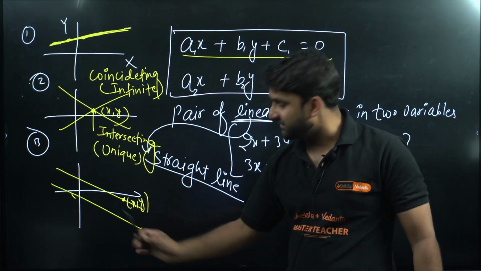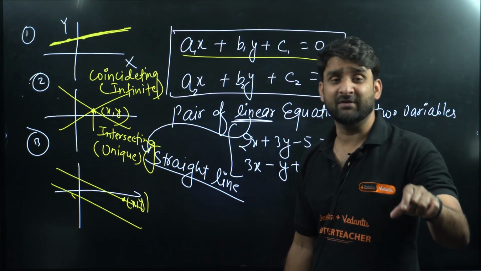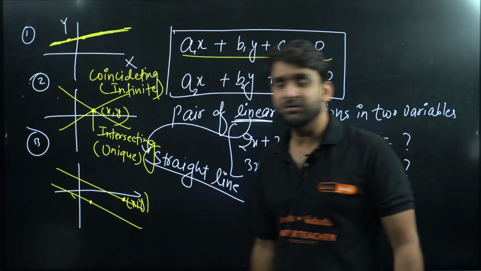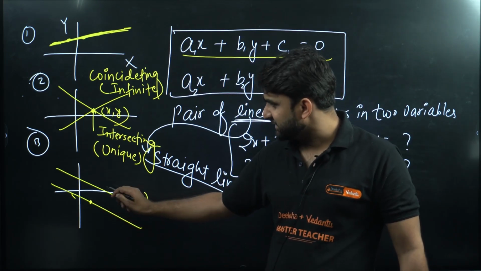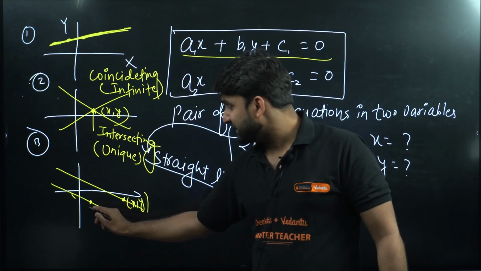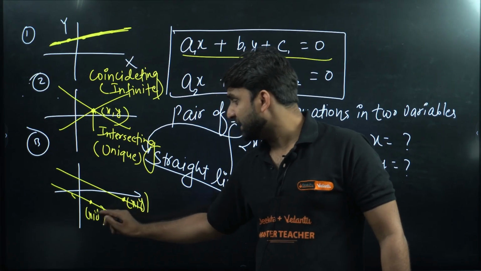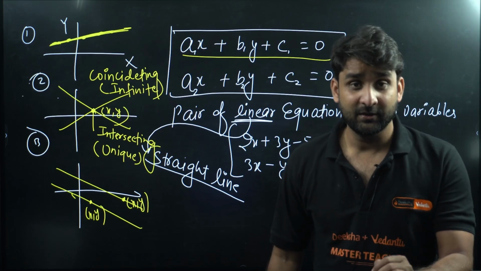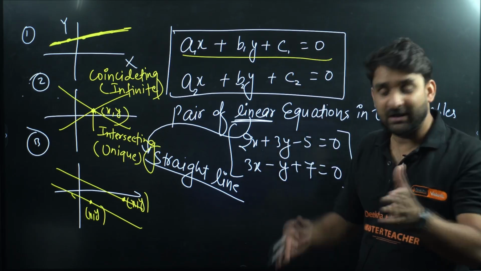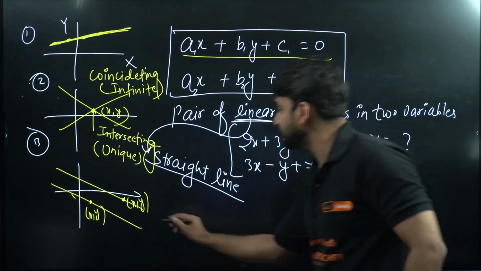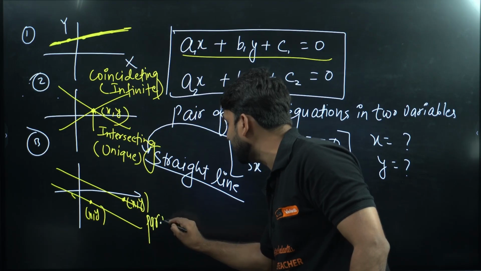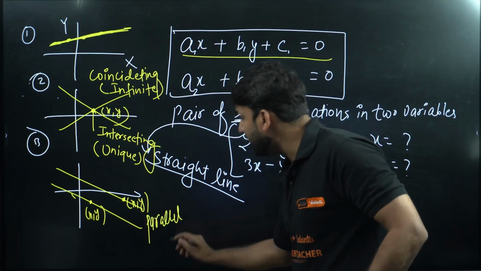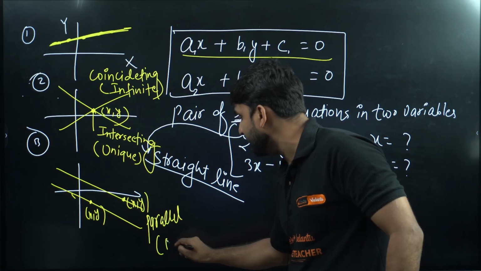And take the reverse. If you take one point on this line, is it satisfying the other one? No, because this x and y is entirely on the second line. So there is no possibility of x and y satisfying both the equations if the lines are parallel to each other. This is also possible. The pair of linear equations may be parallel, and if they are parallel on graphical representation, there will be no solution.